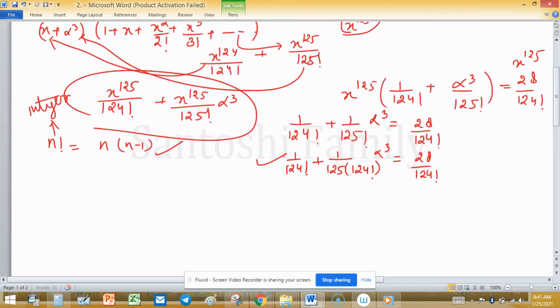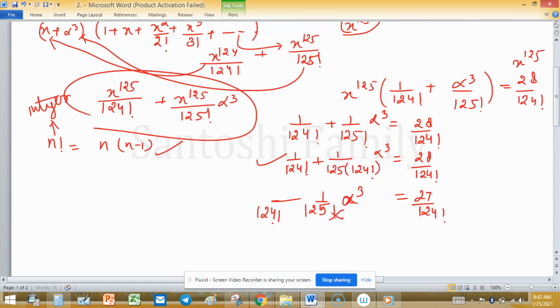Now we only have to simplify this expression to find the answer. This side will be 27 upon 124 factorial, and this side is alpha cubed upon 125 factorial, that is 125 into 124 factorial.